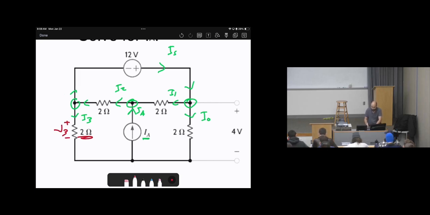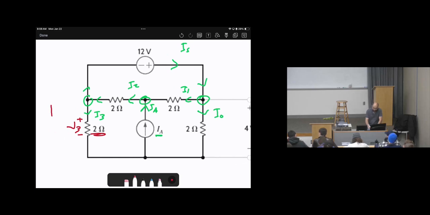For example, in case we assume the current going up, then the voltage polarity will be different. Since it goes up, the positive will be here, the negative here, and V3 will be here.